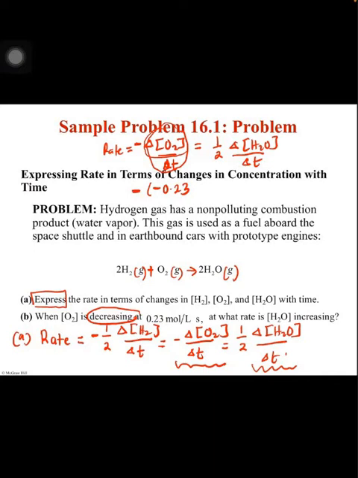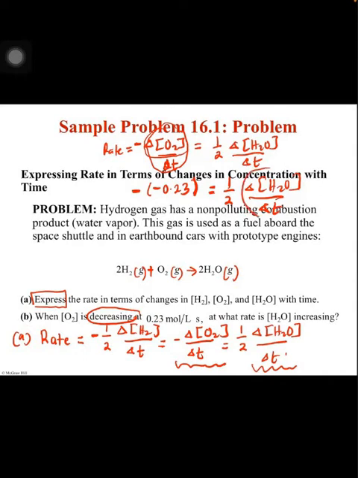Cuma bila kita nak substitute the delta O2 over delta T, sebab dalam soalan dia mention decreasing at 0.23, maka kita kena masukkan nilai dia negatif 0.23. Okay, and then it is equals to 1/2 delta H2O over delta T. So soalan dia tanya what rate is H2O increasing?